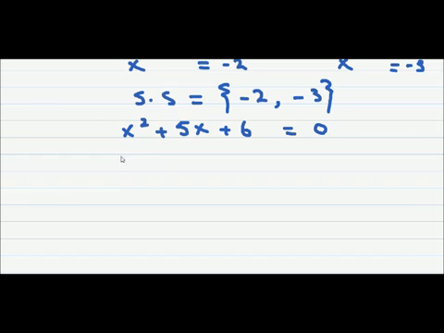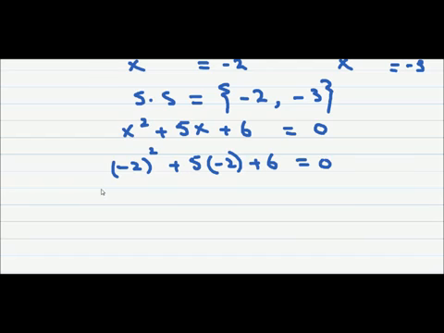Let's try it with minus 2. So we get minus 2 square plus 5 into minus 2 plus 6 is equal to 0.